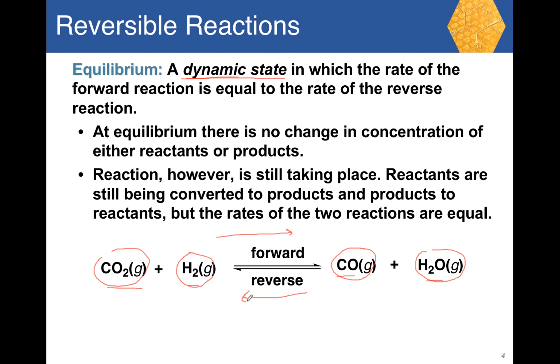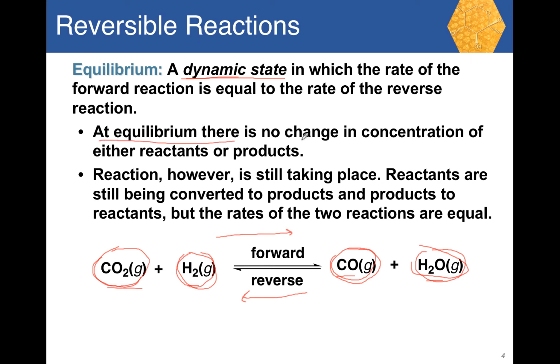The rate of the forward reaction and the rate of the reverse reaction are the same, so the concentrations of each of the reactants and each of the products remain the same. That's called a dynamic state of equilibrium, as opposed to a static one, where it gets there and that particular molecule does not change.